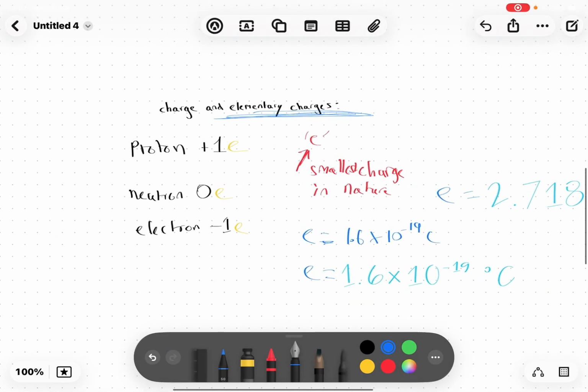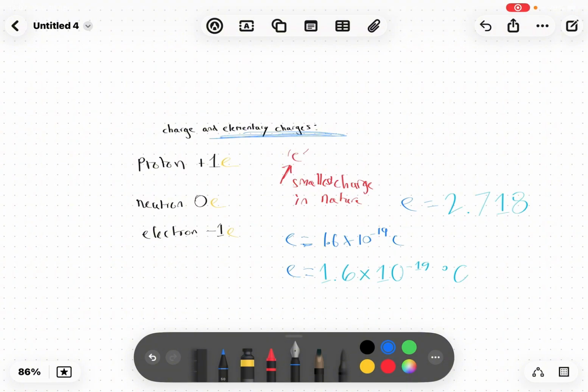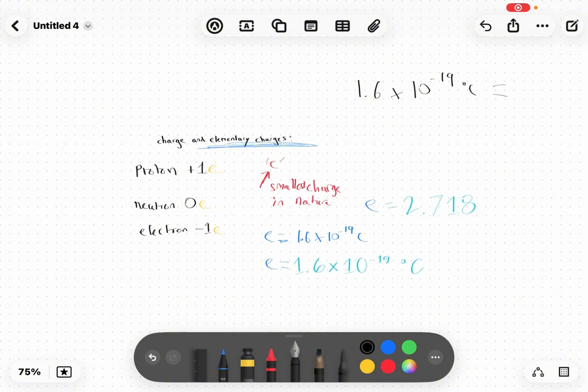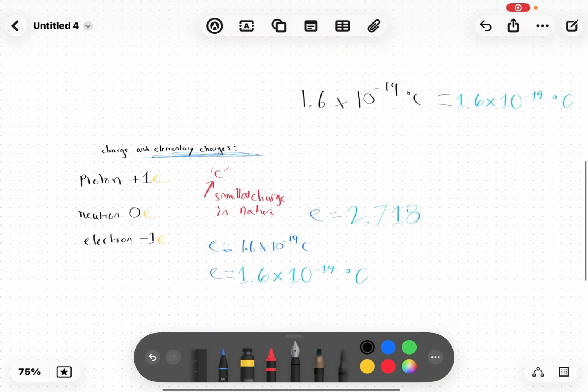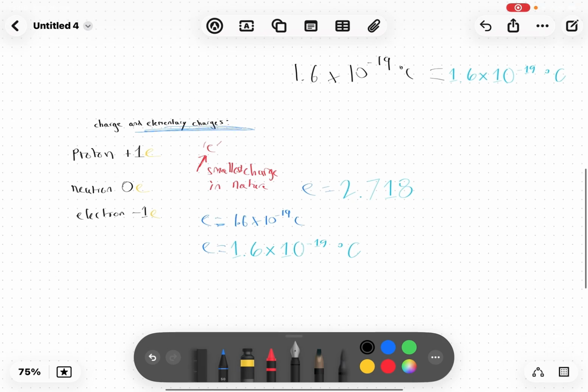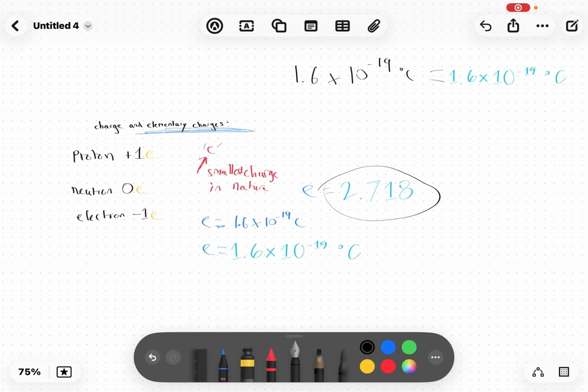Let me quickly check my scientific thinking: 1.6 times 10 to the power of -19. I don't know how to do this. Okay, that's a genius answer, isn't it? I guess my idea is that this is equal to this, however, I'm not really sure.